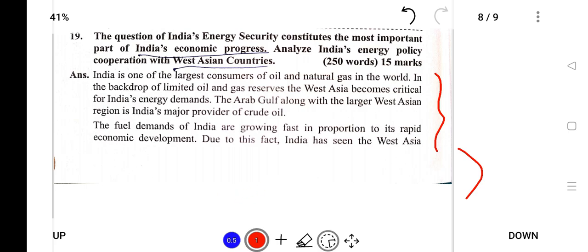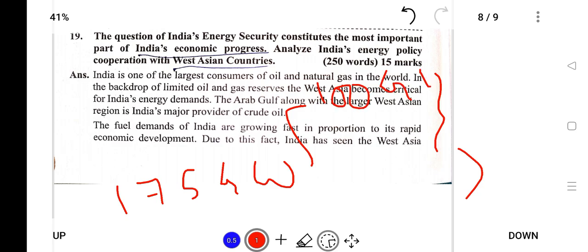And if we cite the example of India, India has aimed to achieve 175 gigawatts of renewable energy from various sources, such as 100 gigawatts from solar energy, 60 from wind energy, and the remaining from geothermal energy and various other sources.